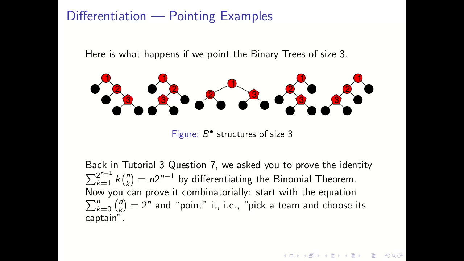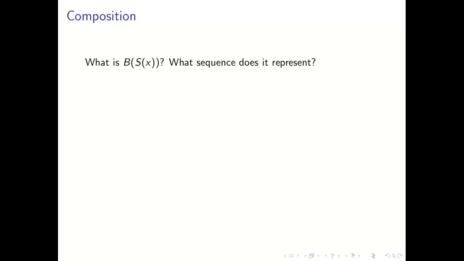So I should move on and talk about composition. Now, I don't think we've really mentioned composition to you in the lectures, but these power series are in principle functions, and we can always compose, and we like to compose functions and build up more complicated things that way. Like if I give you a function f and a function g, then you might calculate f of g of x.